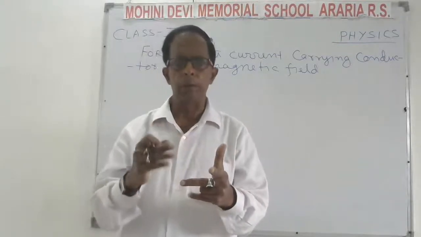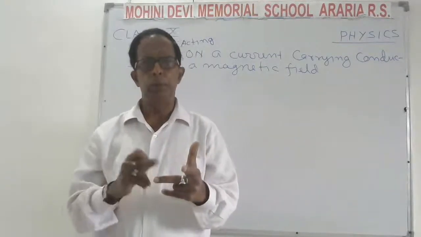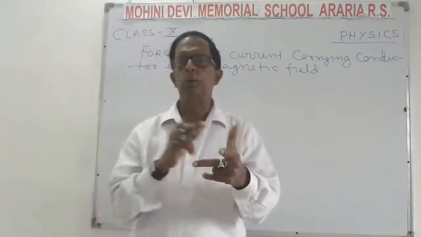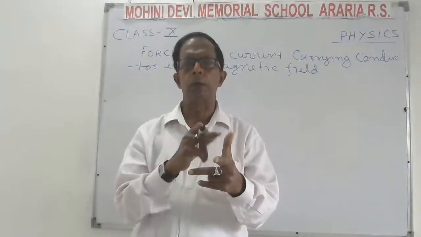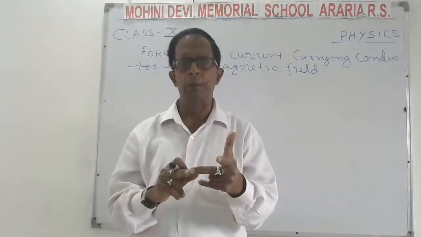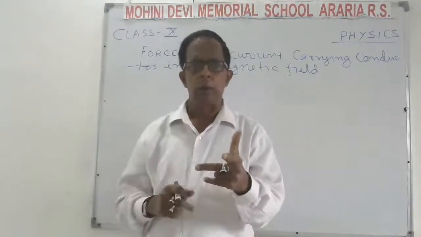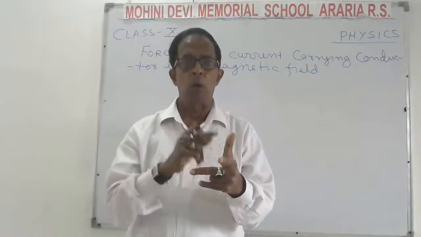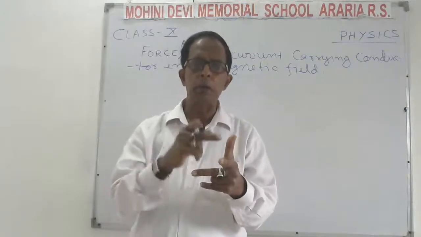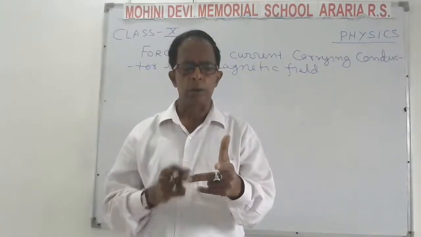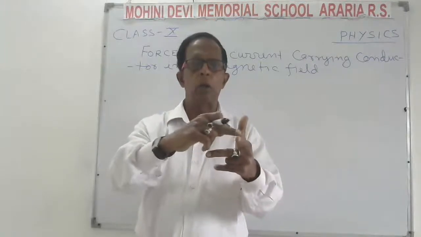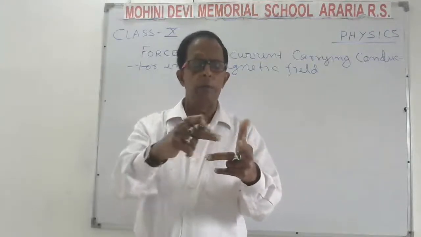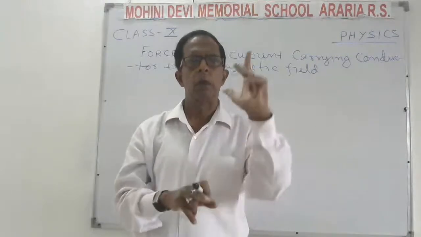Again, I am repeating. If we stretch the three fingers of left hand, that are forefinger, thumb, and middle finger, in such a way that all are perpendicular to each other. See here, this thumb is perpendicular on forefinger and the middle finger.